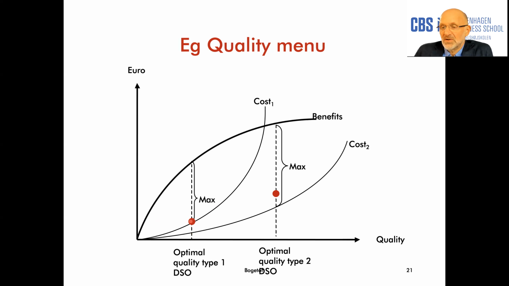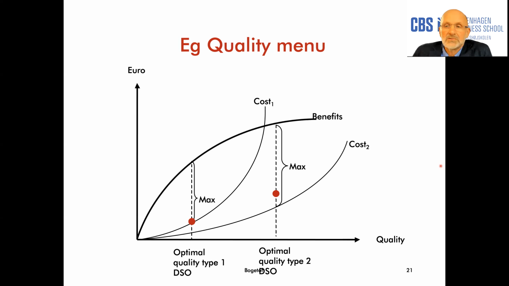So in this illustration, there will be 2 contracts to choose from. And if we set them up correctly, then the companies will choose these contracts so as to provide proper quality differentiation. So that's an idea of a menu.